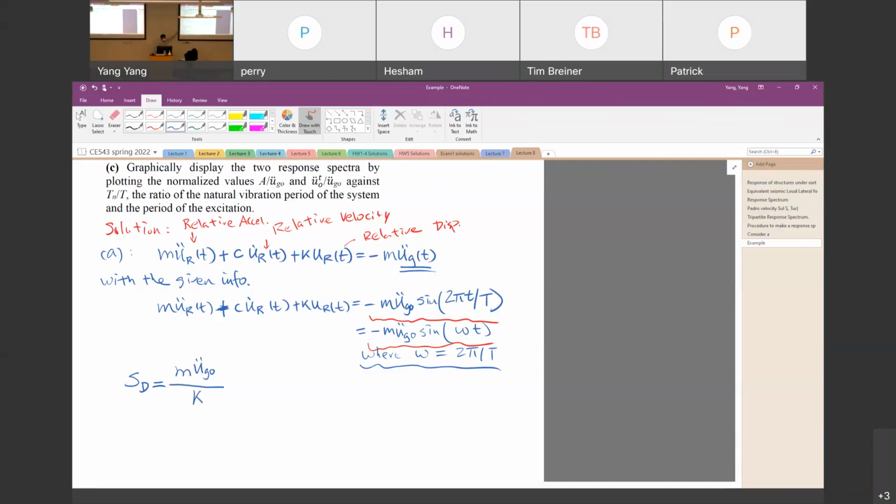So this is the static displacement. The dynamic displacement should be the static displacement times one over the square root of (1 minus beta squared) squared plus (2 zeta beta) squared.